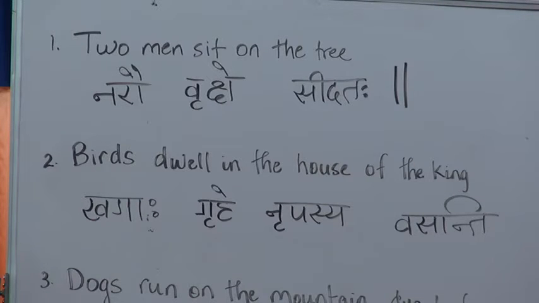Six, the birds belong to the king. But the of is the belonging, it is the king's.